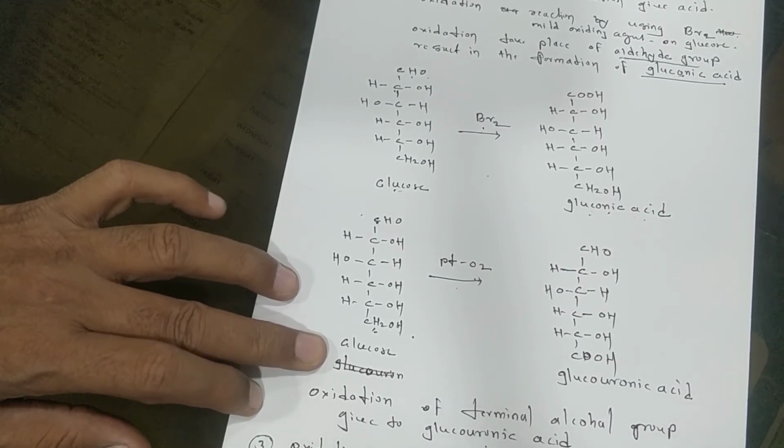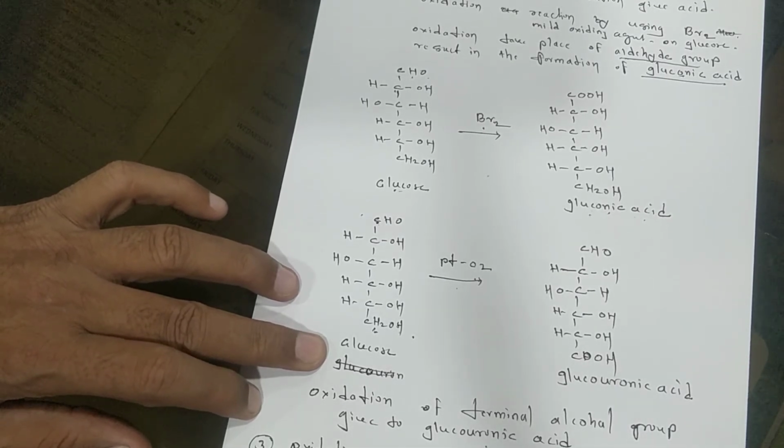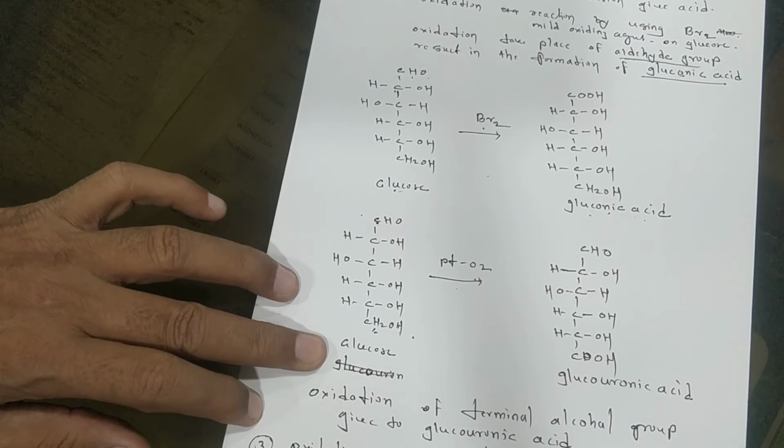The oxidation of both the aldehyde and the alcohol group gives glucosaccharic acid.